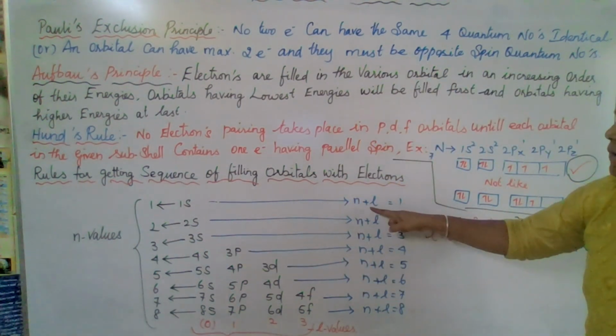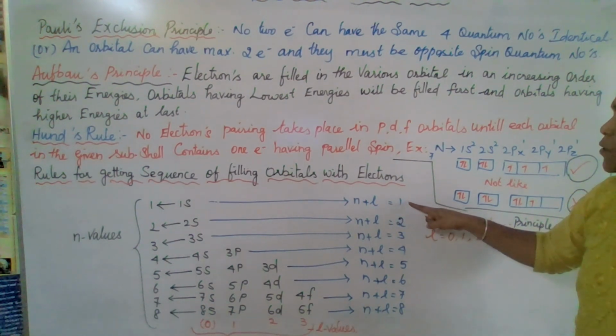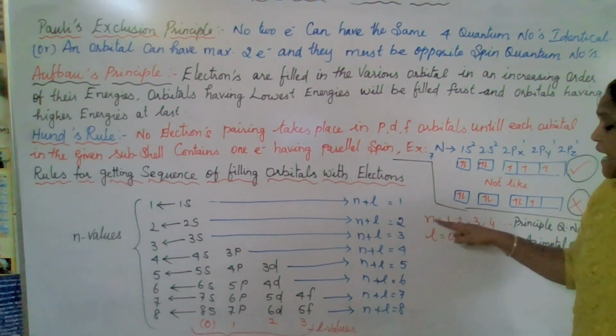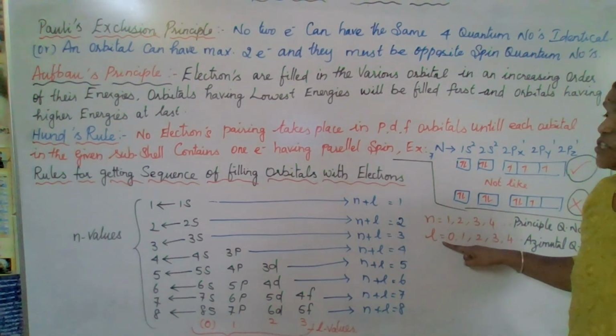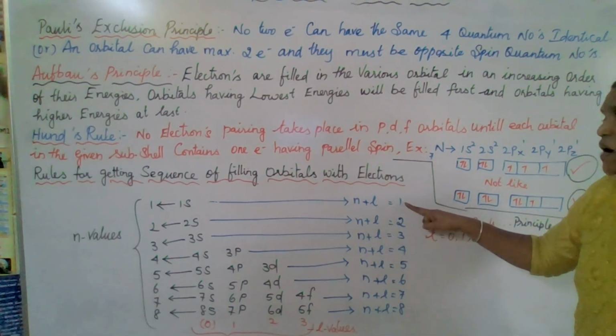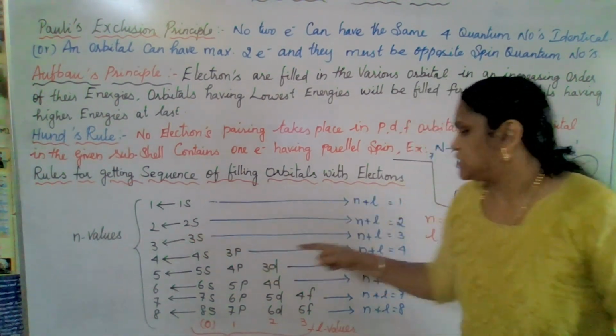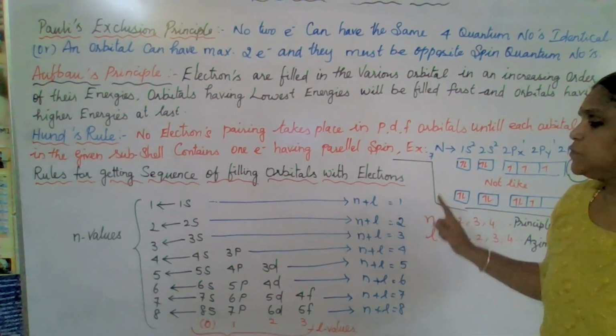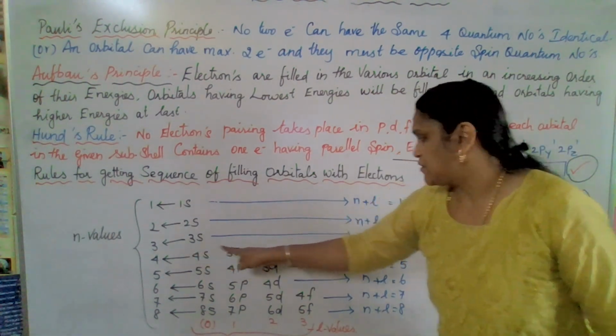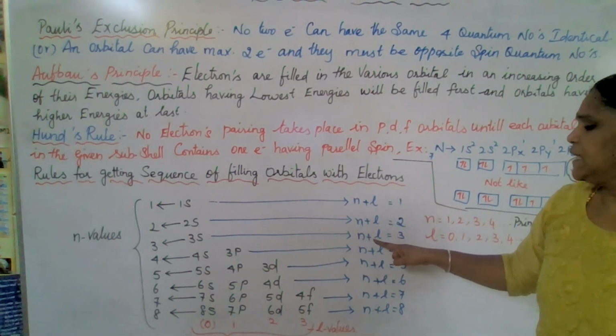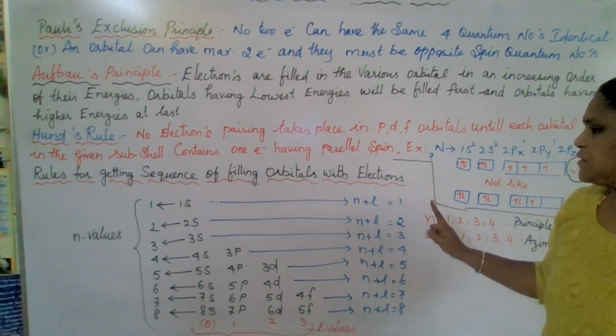See, n plus L equal to 1: n equal to 1, L equal to 0, so only 1. The same way, 2s also, n plus L equal to 2. Then 3s, here n plus L equal to 3.